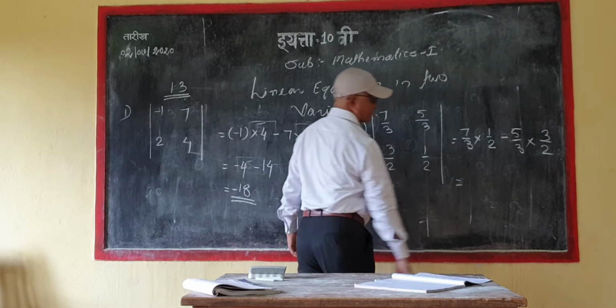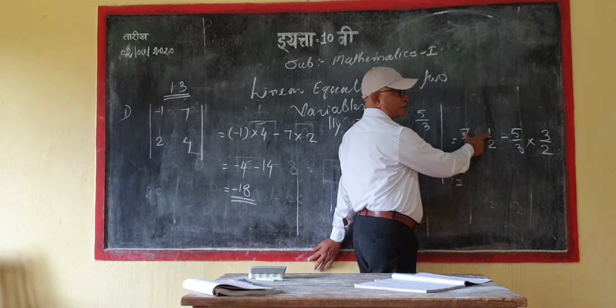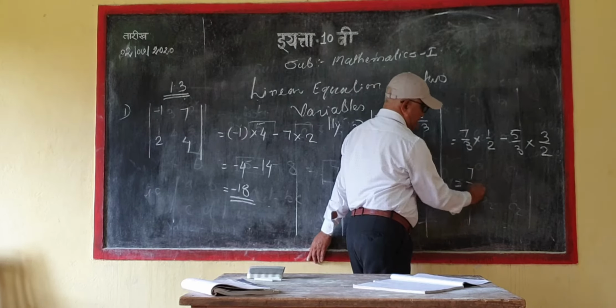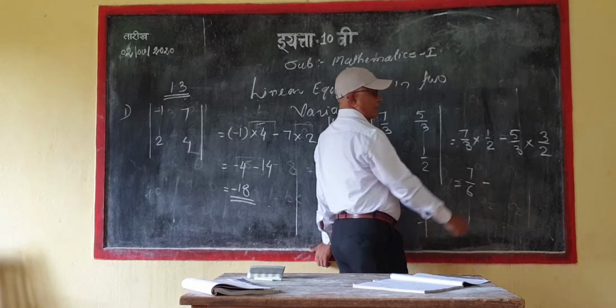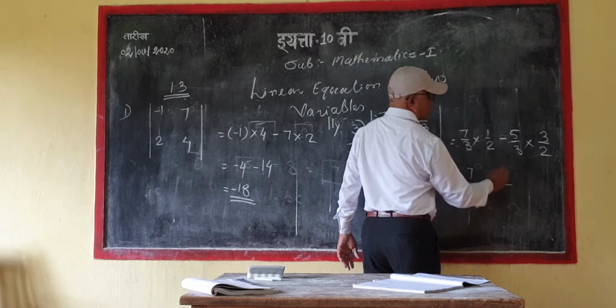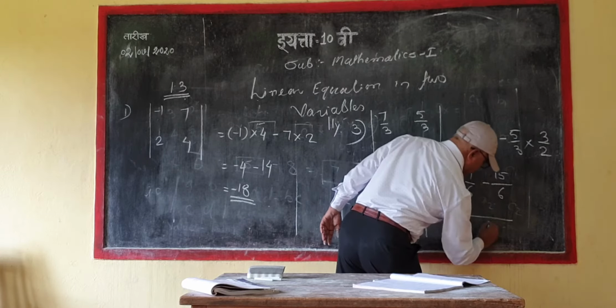Multiply numerator into numerator, denominator into denominator. 7 ones are 7 upon 3 twos are 6 minus 5 threes are 15 upon 3 twos are 6. The denominator is the same, so 6.